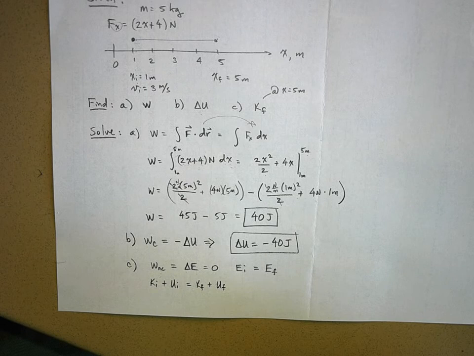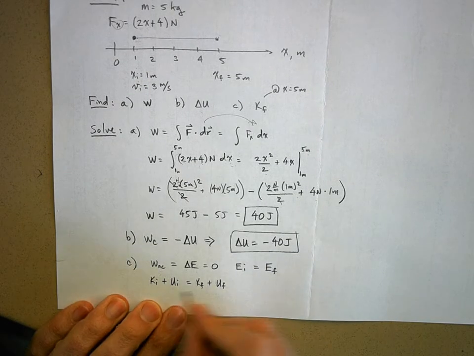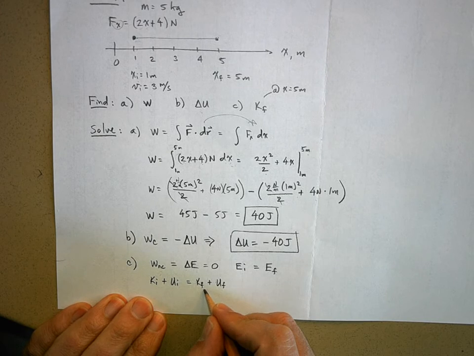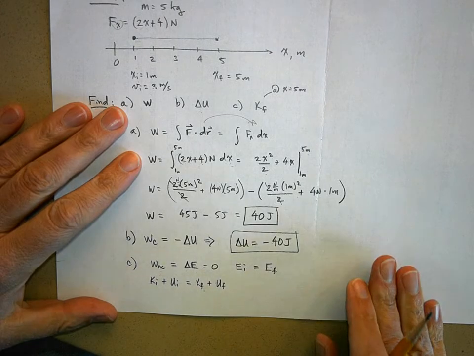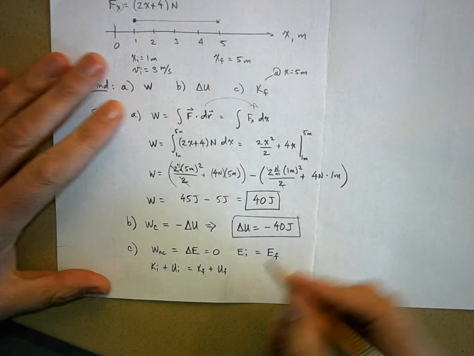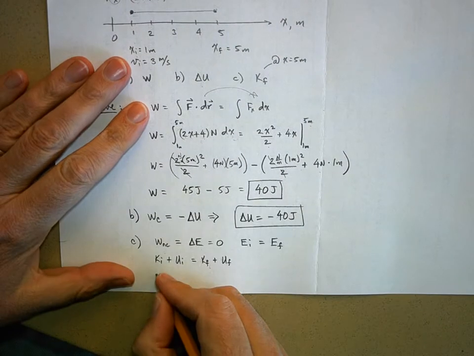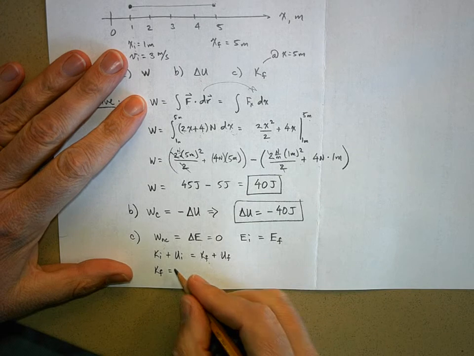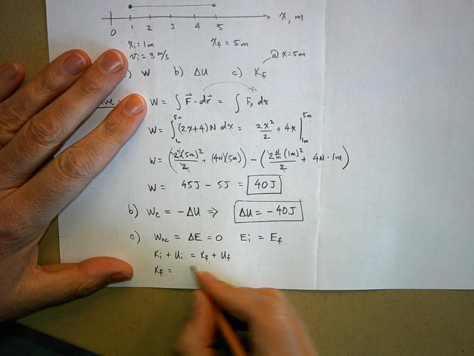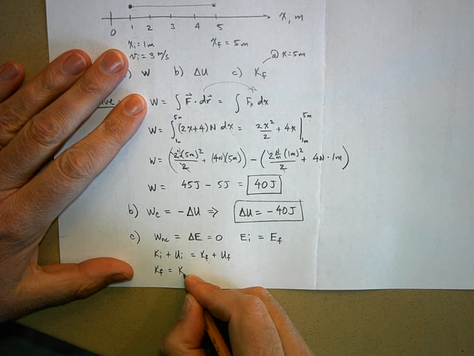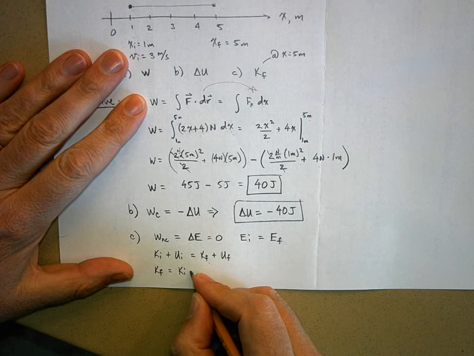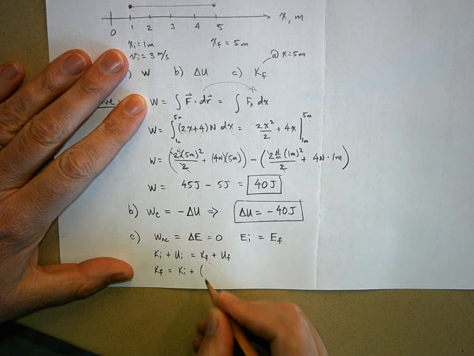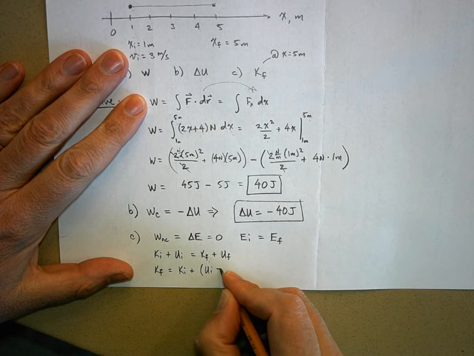Okay, so what we need to do is solve for the final kinetic energy, because that's what I'm looking to find here. So K final, the final kinetic energy, will be equal to the initial kinetic energy plus U initial minus U final, right?